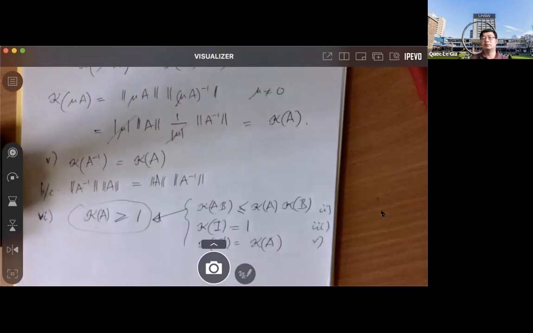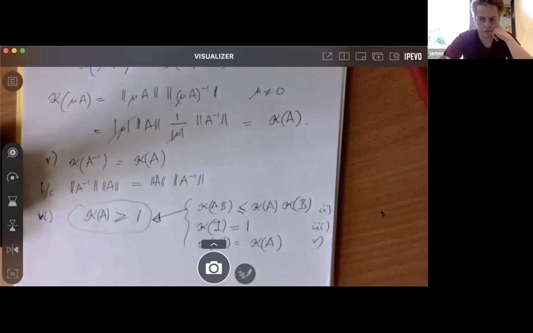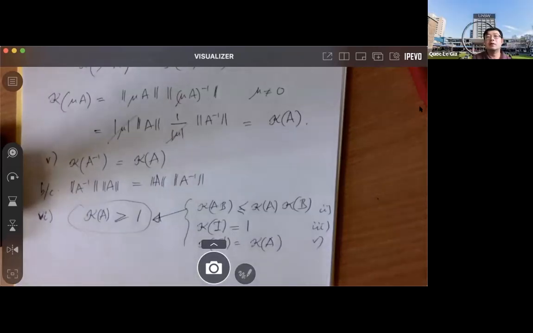The hint is you just use some special case of the second property. So just use some special matrix B. Then you can prove the last property.